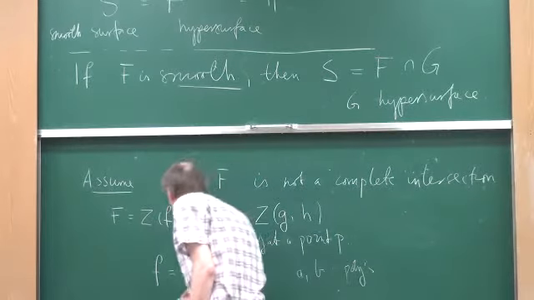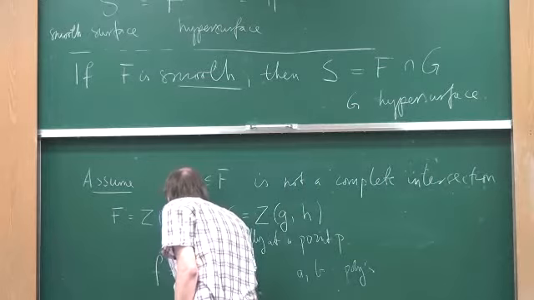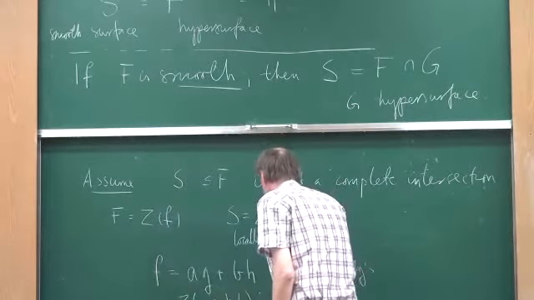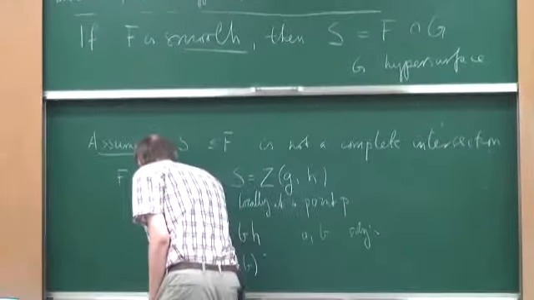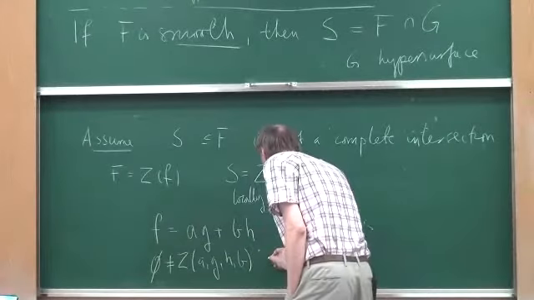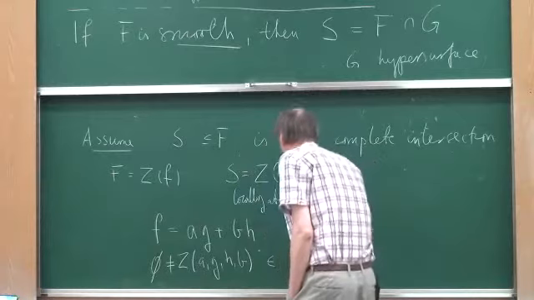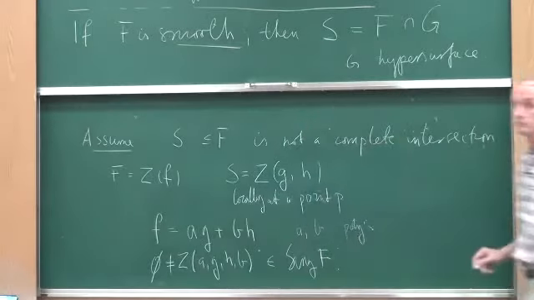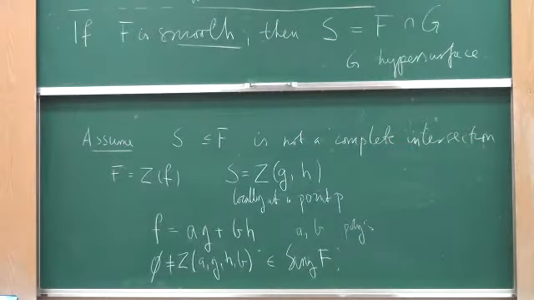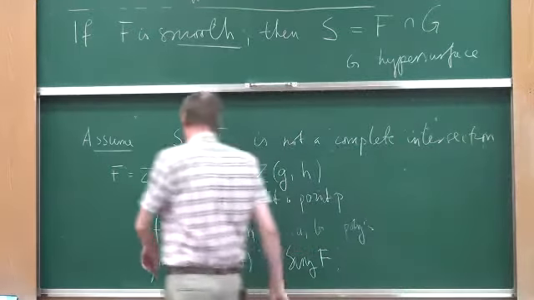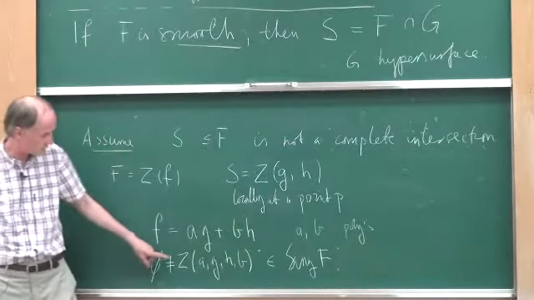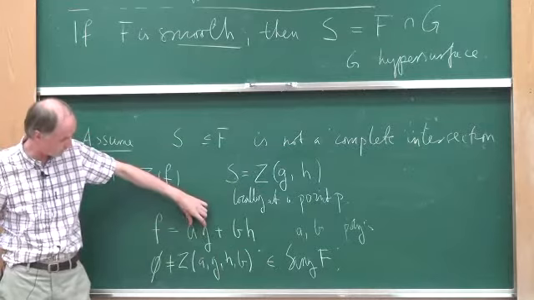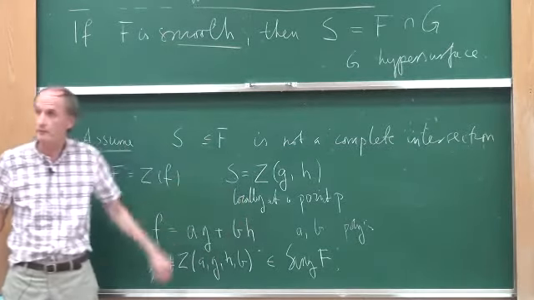So Z of A, G, H and B is not empty and it is a singular point of F. It's a singular point on F because the zeros of all these things is certainly a point on F, and also both of these functions vanish there and both of these vanish there.